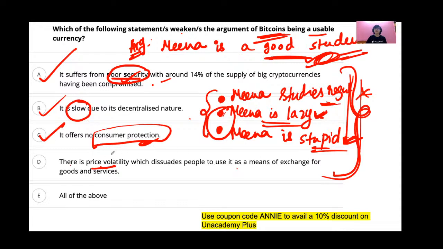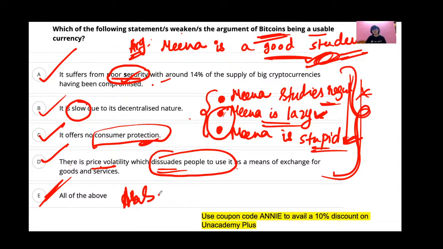Dissuades people means which discourages people to use it. From here we can say if people are discouraged to use it, it means it is not usable. So this also becomes true. So your answer is all of the above.